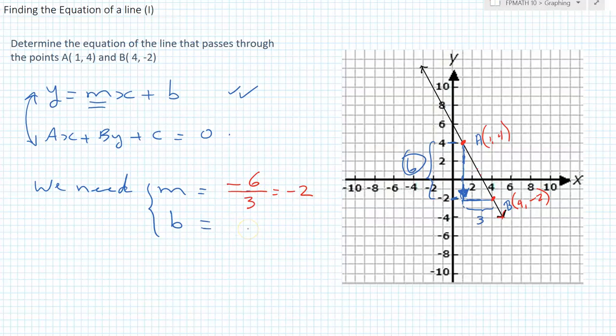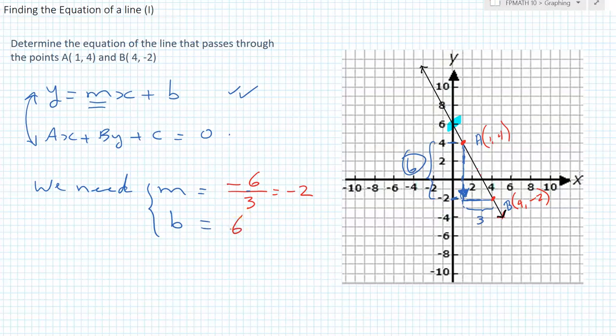The y-intercept, you look at the graph, and if you've drawn the graph accurately, you notice that the graph passes through right here, positive 6. So you can just read it off of there. So the y-intercept is actually 6.